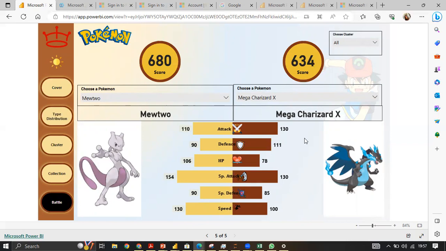We are seeing attack versus attack. Mega Charizard is leading. Mega Charizard is leading in defense. Mewtwo is leading in hit points and so on.